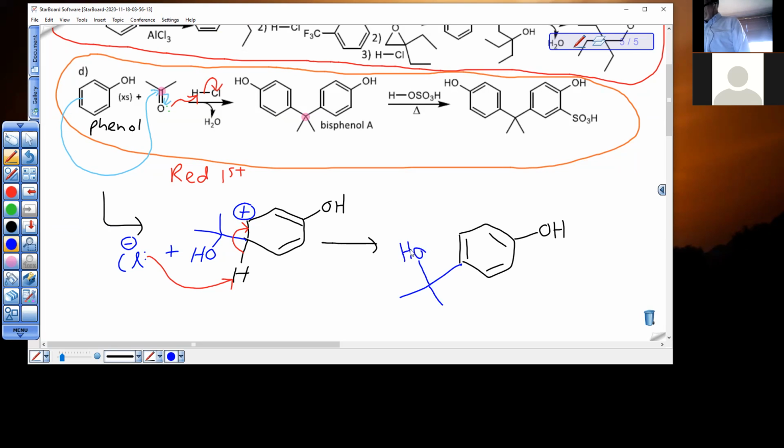Now somehow we have to make that same carbon into an electrophile. And I think this is the exact one we did on our previous example. If I can make that into a cation, I can make this happen. And I can indeed do so when I have HCl present, which I just made again. First step, protonate it.